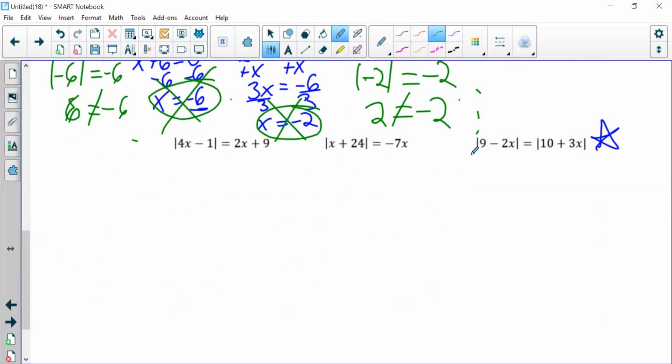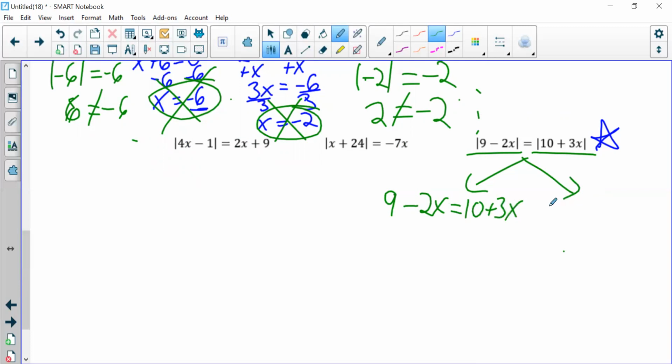Okay, so which side do you like best? Let's pick this one. All right, and we're going to call that our primary side, and we're going to split this accordingly. We're going to say 9 minus 2x equals, and one thing we just do plain, 10 plus 3x.